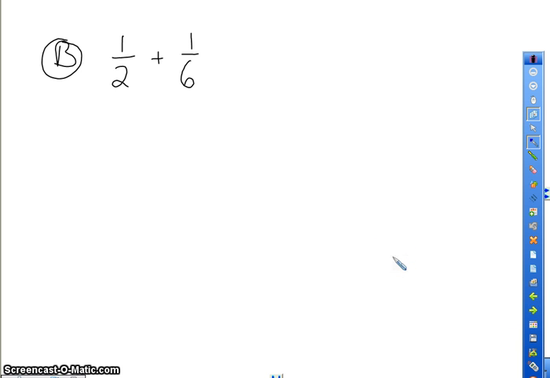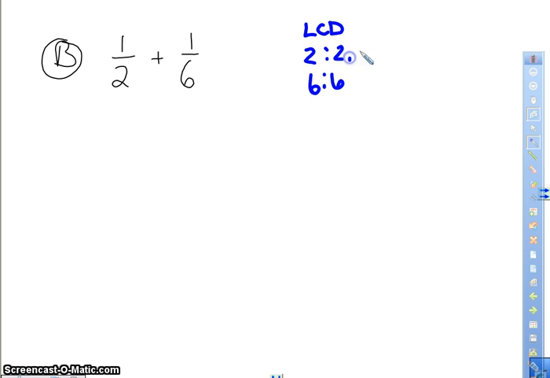Now I have 1/2 plus 1/6. So we want to find the LCD of 2 and 6. I can easily find this, and some of you are already going to know it, just by listing the multiples. So my LCD is 6, which means I'm going to keep 1/6 the same, and I'm going to rename 1/2.